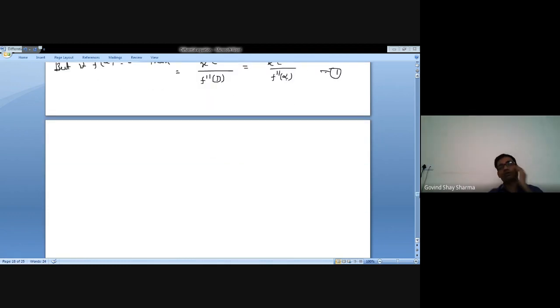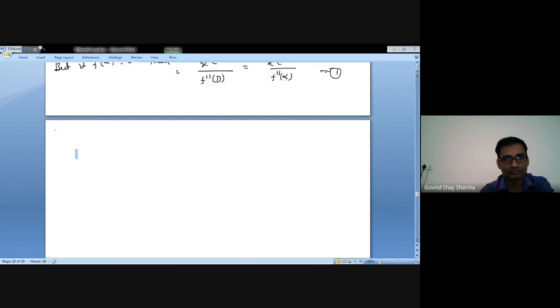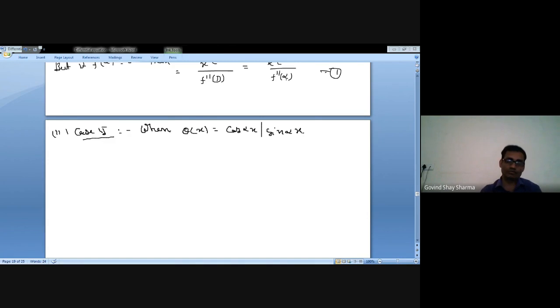Now the second case, when Q(x) is equal to cos alpha x or sin alpha x.